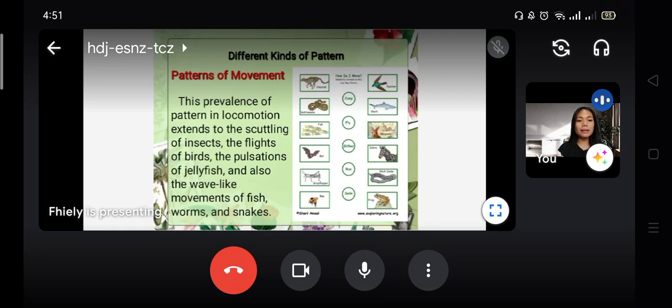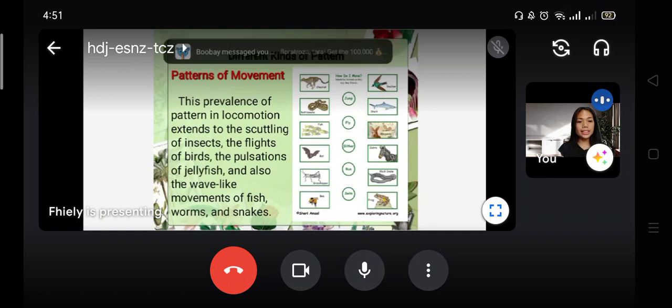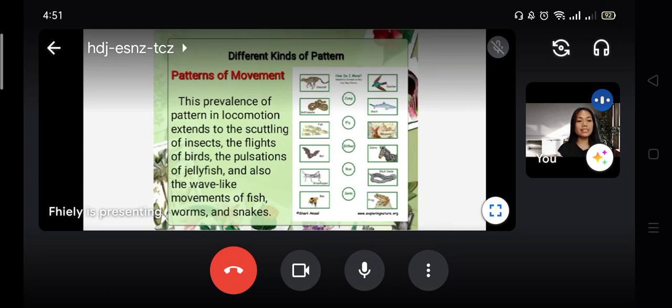So again, this pattern of movement, this prevalence of patterns in locomotion, extends to the scuttling of insects, the flights of birds, the pulsation of jellyfish, and also the wave-like movement of fish, worms, and snakes. Like a snake, its movement goes like this, so it has a pattern. It is the same with worms and fish.